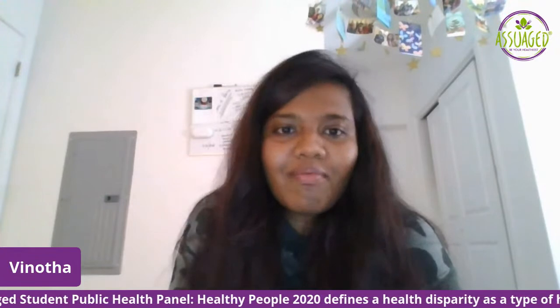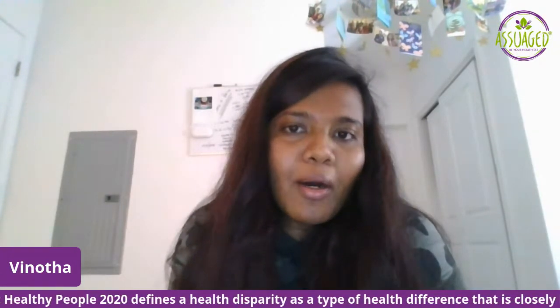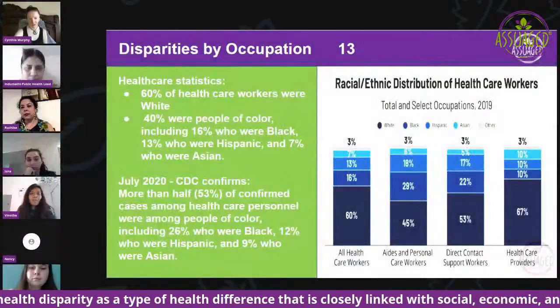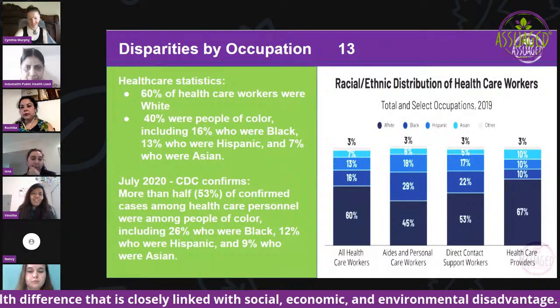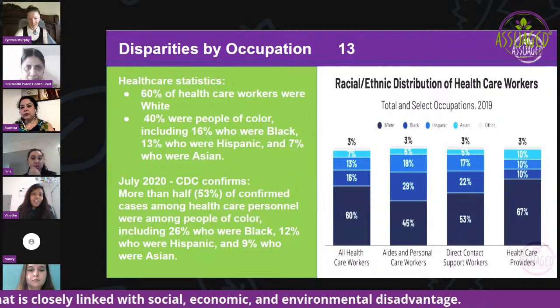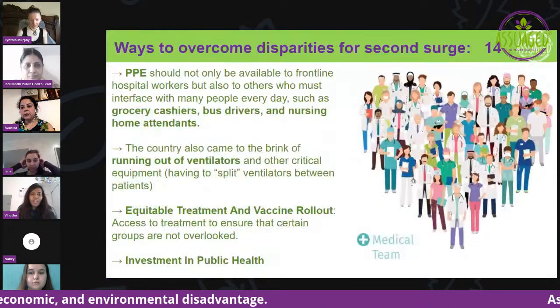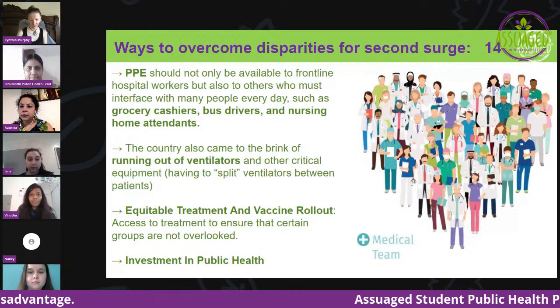So that is the only thing that says we have not actually been covered by health insurance, which is quite a sad event, definitely to be said. So that is the disparities by occupation that we have to discuss. We should be looking into all the other categories so that we would be covering them too.